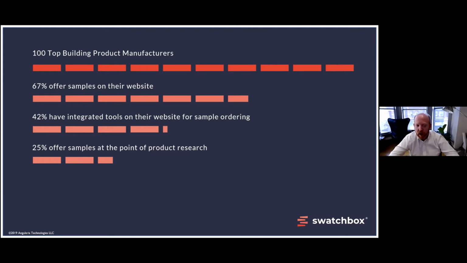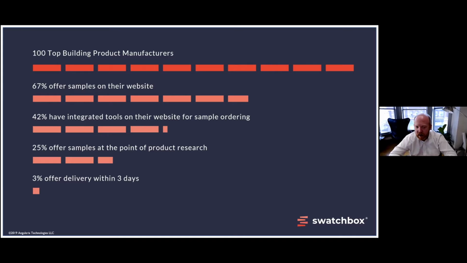But it's really important to offer the ability to order a sample once I've drilled through all the layers of your website and said, I want this brick in this color, so that I can order a sample right there, versus sending me off to another site or another service or even another page on your website, where I then have to refilter all over again. Offering it at the point of product research is a nuance, and it's an incremental fix that can really yield better results. And then here's the big one: only 3% were able to get us samples in under 3 days.